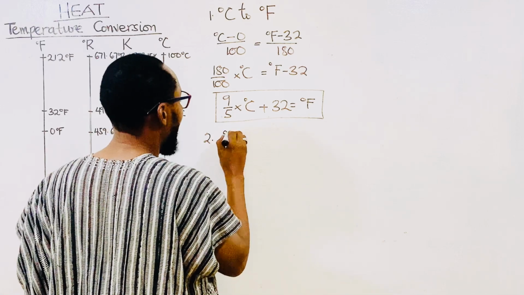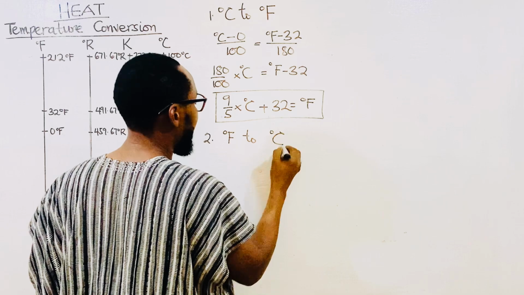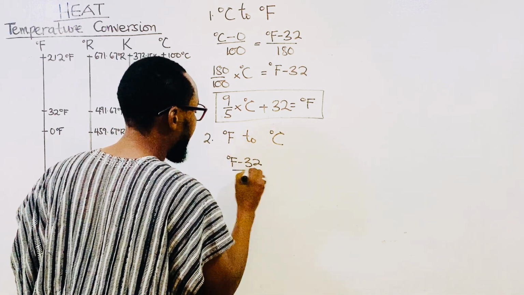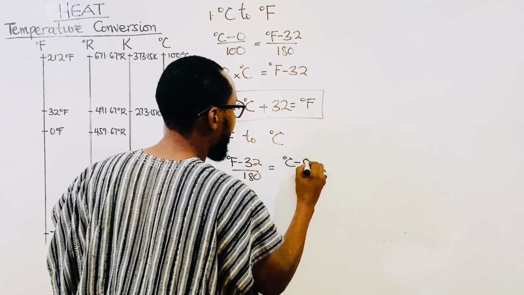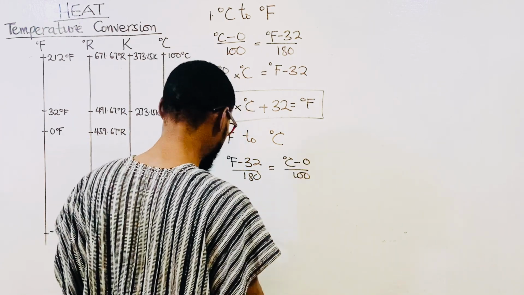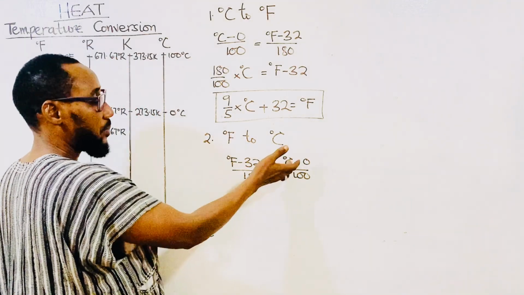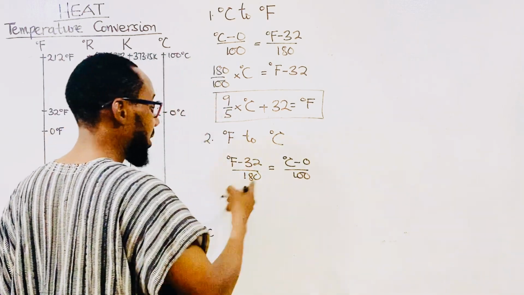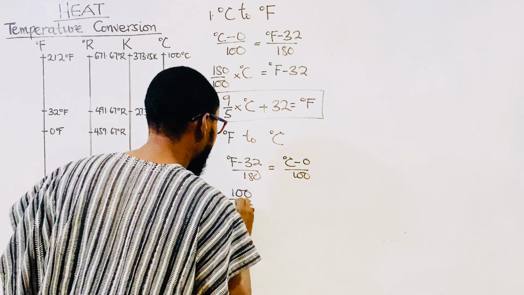We are looking for a way to convert from degrees Fahrenheit to degrees Celsius. Of course, this equals, so now this is the fractional change that we have. We want to make degrees Celsius the subject of our equation, so we multiply both sides by 100 such that we have this.